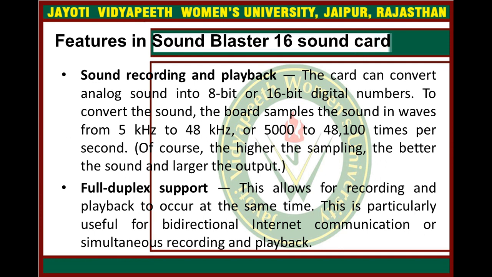To convert the sound, the board samples the sound in waves from 5 kilohertz to 48 kilohertz, or you can say 5,000 to 48,100 times per second. Okay. Of course, the higher the sampling, the better the sound and the larger the output.